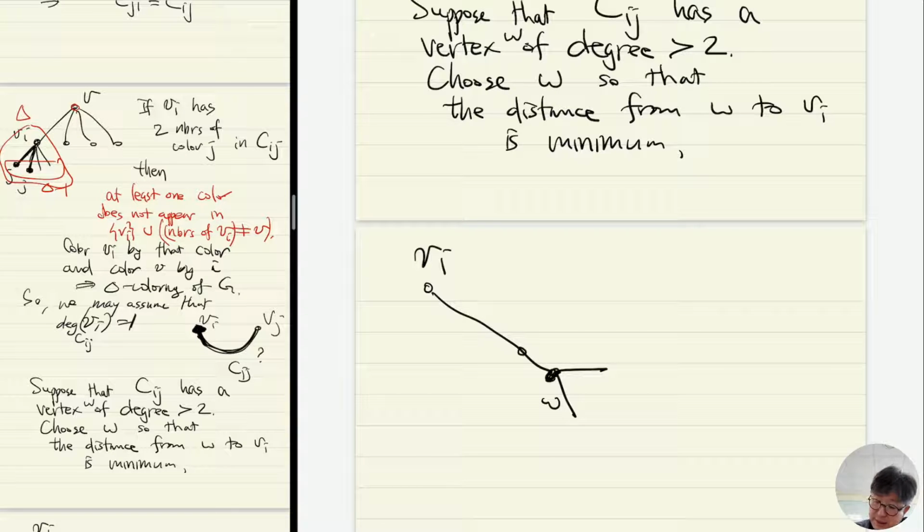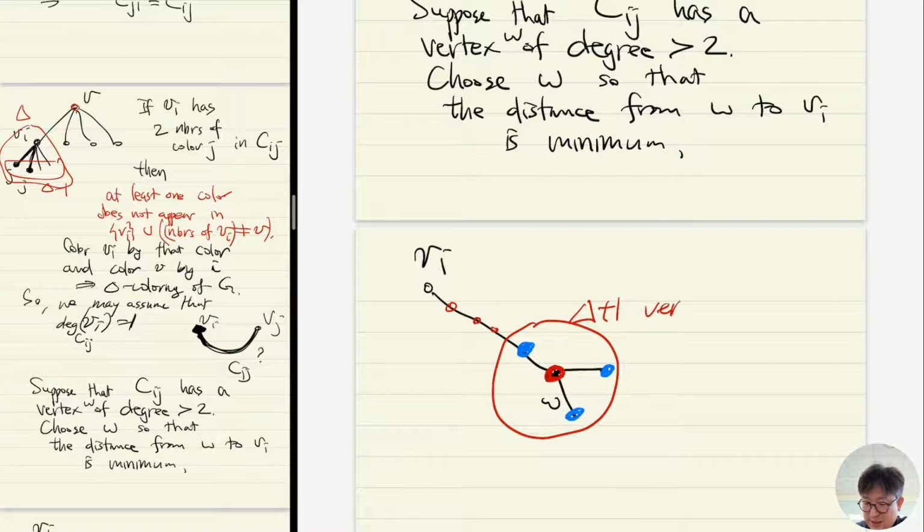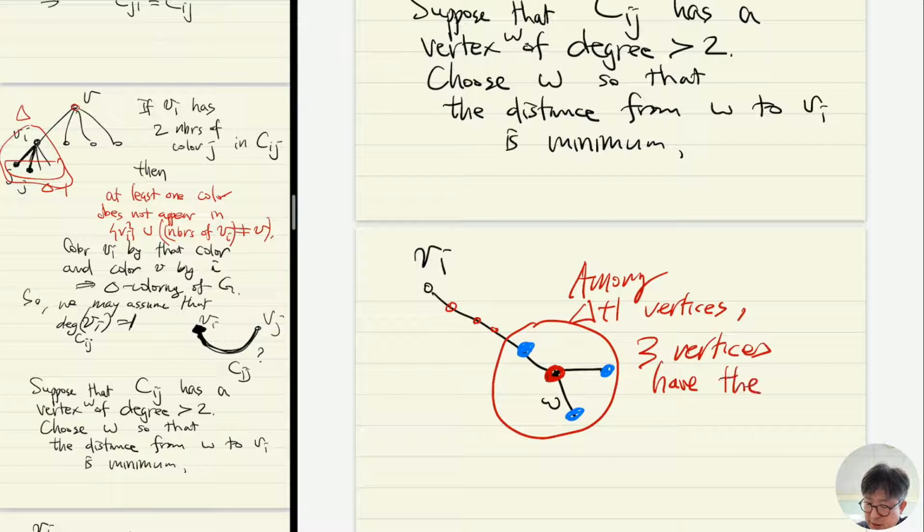Now, that means among these delta vertices, actually this is delta plus 1 vertices, because including W you have delta plus 1 vertices. Among delta plus 1 vertices, 3 vertices have the same color.